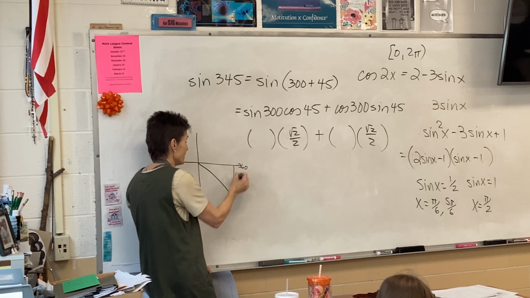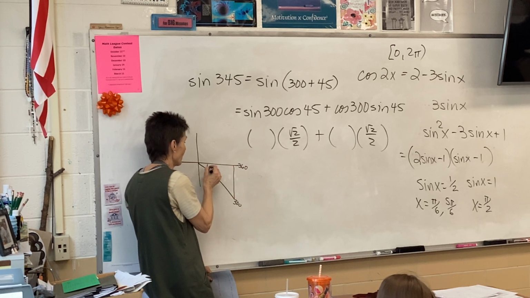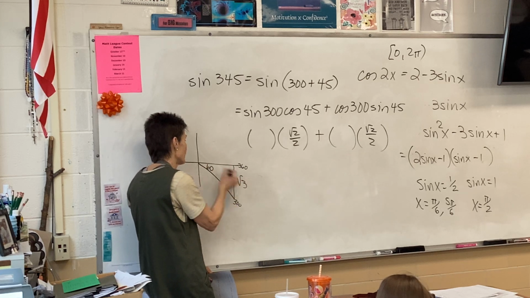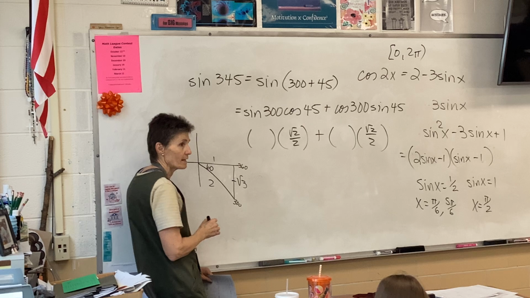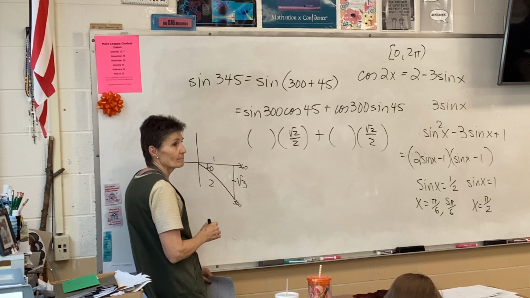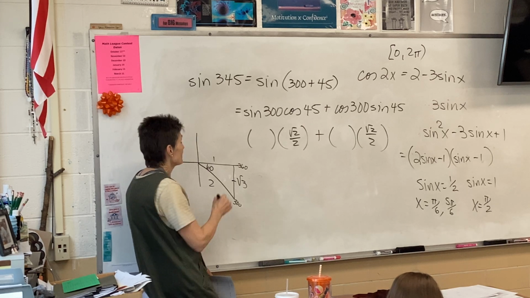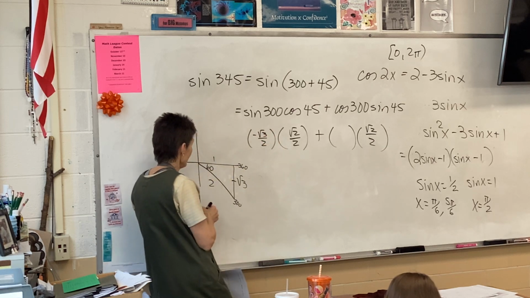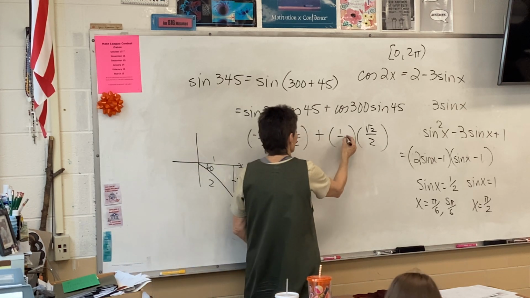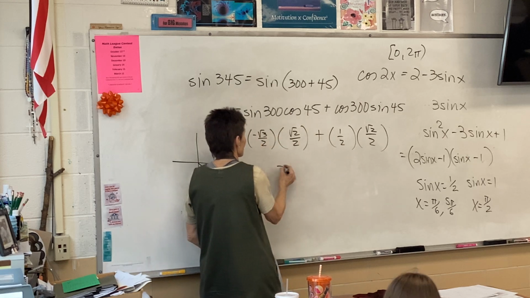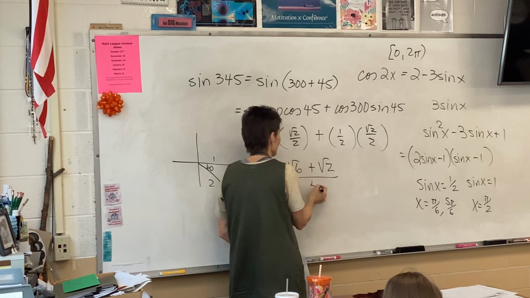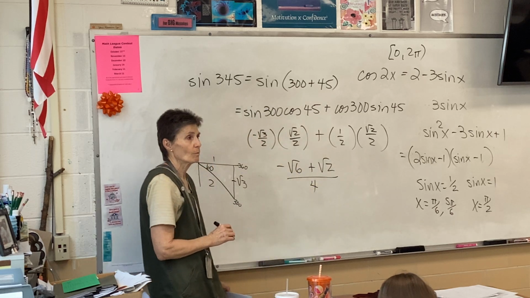That's 360, this is 300, so my reference angle is 60. So this is the root 3, the 1 and the 2, and that one's negative. So sine is negative root 3 over 2, and the cosine is 1 over 2. So negative root 6 plus root 2 all over 4.